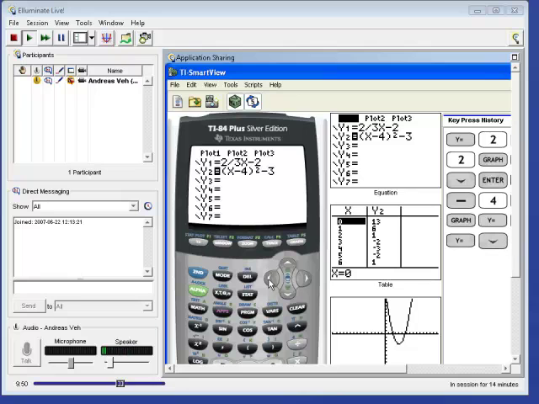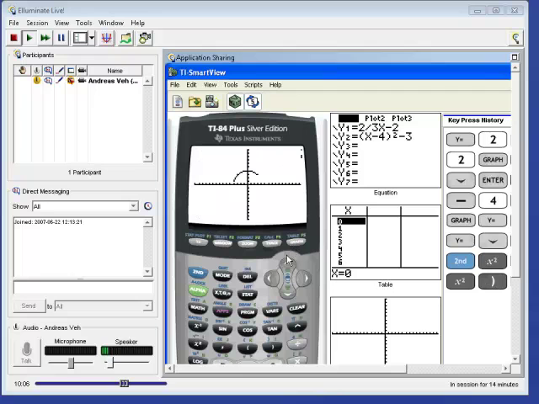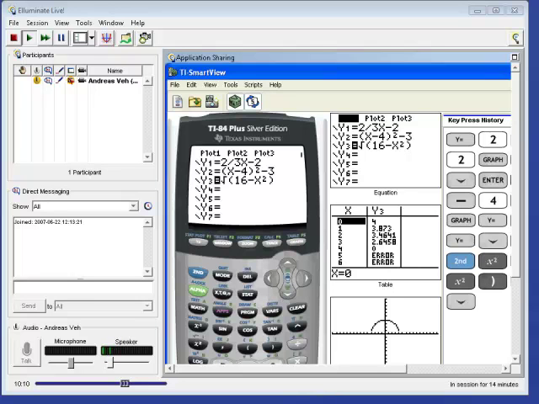And the last one is going to be, let's de-highlight the parabola, the square root of 16 minus x squared. And when we do that, we only get the upper half of the circle. Well, as we take the square root, we also get a negative solution, so negative square root of 16 minus x squared.